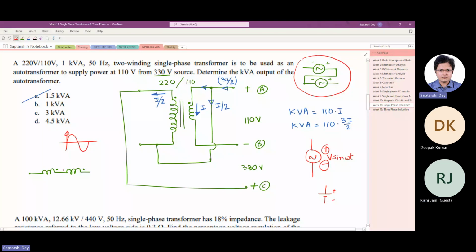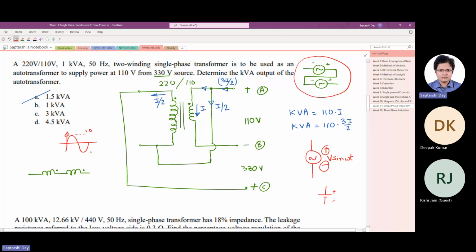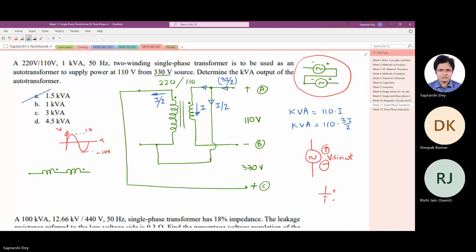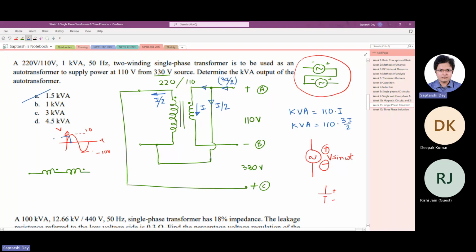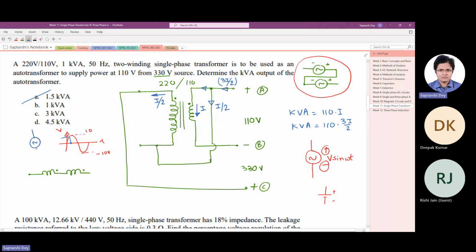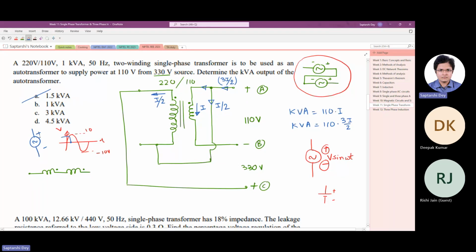Say we take 10 volt peak, minus 10 volt peak. This is V. Now, if at a certain time here you measure, you are getting some positive voltage. Now if I do not draw the positive negative here, how would I know which point is at higher potential?